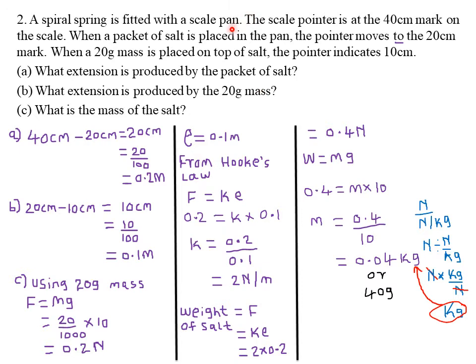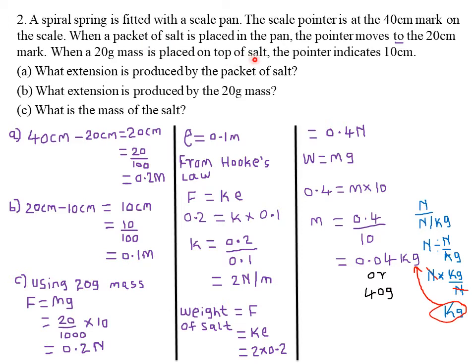So remember, now when the spring is fitted with the scale pan plus the salt, the scale reads 20 centimeter. Now we are being told that when a 20 gram mass is placed on top of the salt, remember the salt is on the pan, and again we are adding another 20 gram mass on the top of the salt.